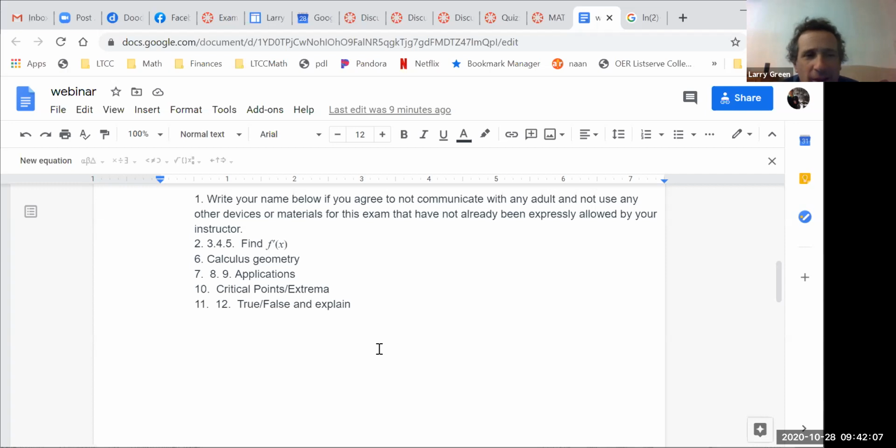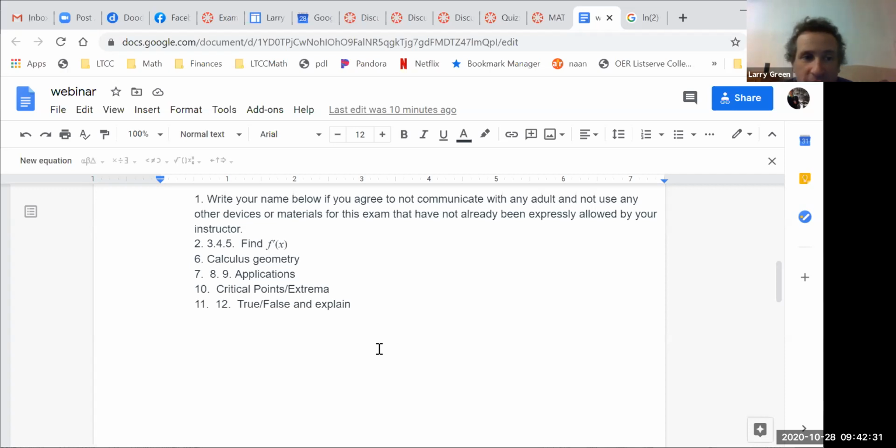I want to mention something with the 2, 3, 4, and 5, because it is in there, even though I didn't say it, and I figured I'd better. And that is, sometimes you want to find f prime, but you're given the expression implicitly instead of explicitly. So remember, we had a section on implicit differentiation.